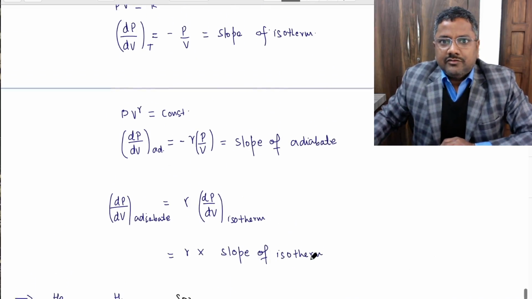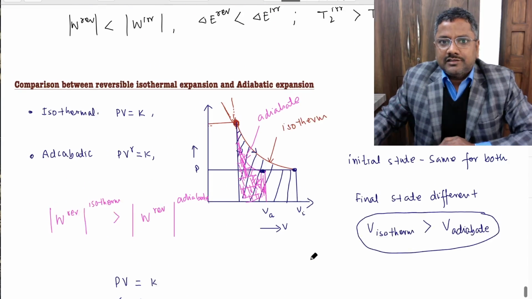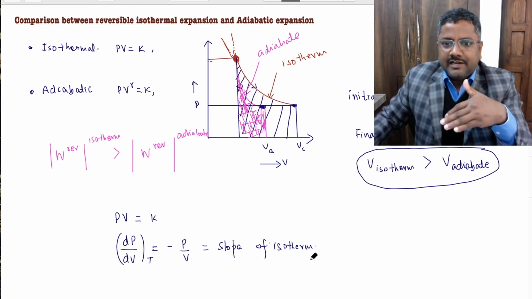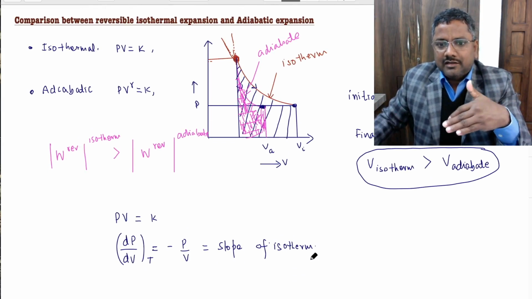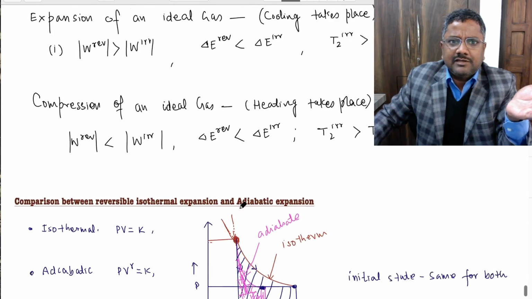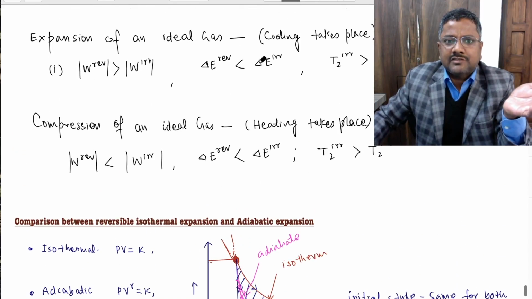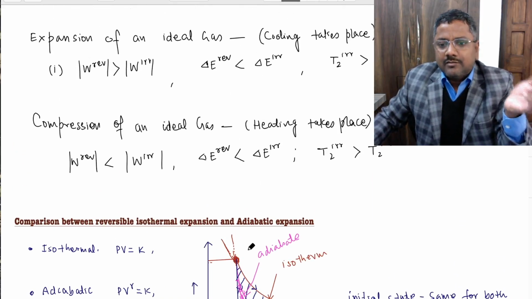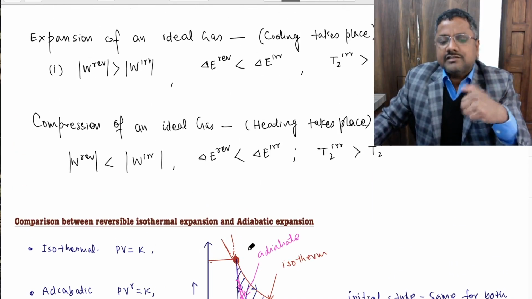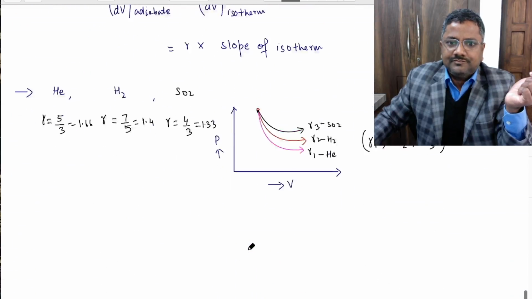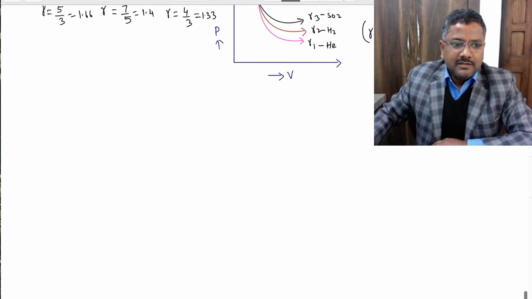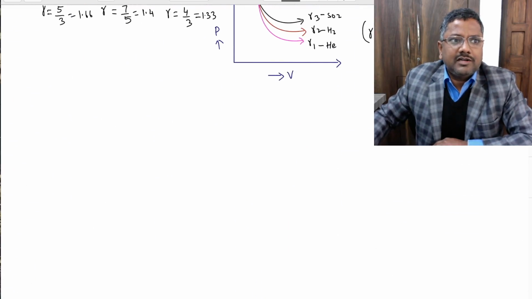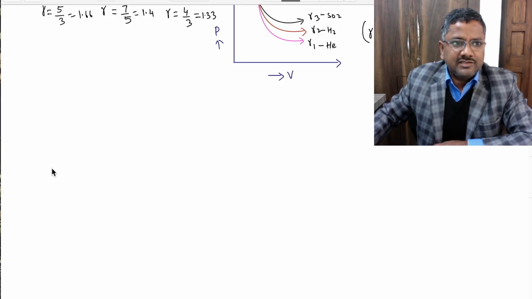So we have compared isothermal versus adiabatic expansion work, and I have already written the result here. This is within adiabatic, and this is the comparison of adiabatic versus isothermal, right? Now, we can plot different plots for this adiabatic expansion.